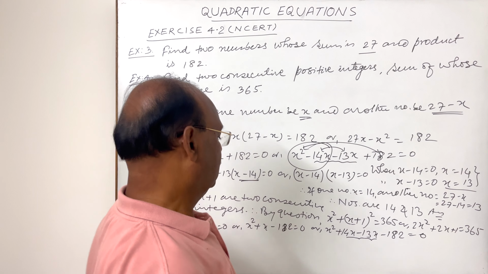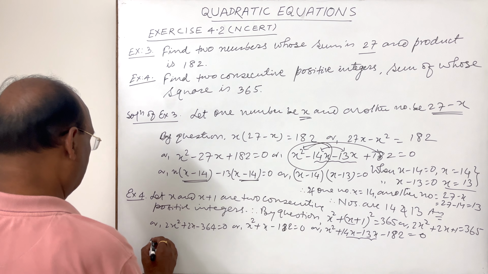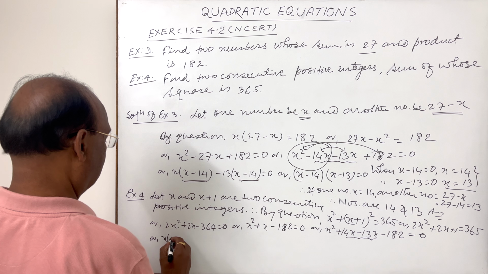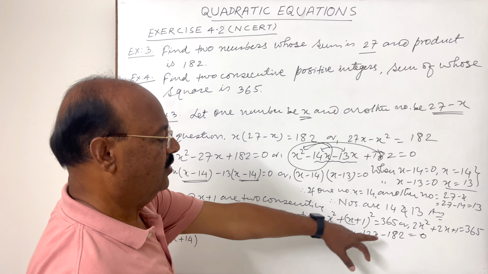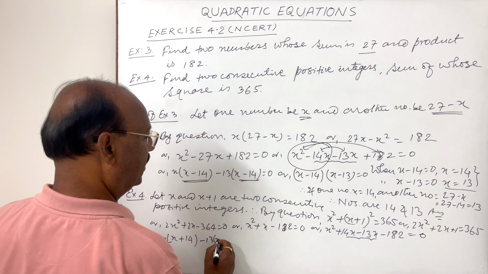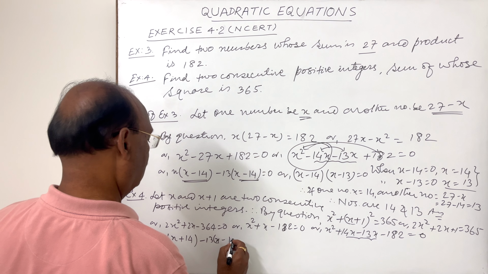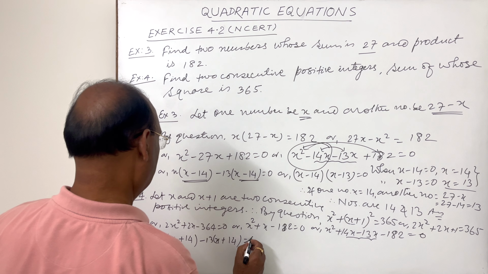Correct? So now we can take x common from the first two terms. We will write x common, x plus 14, and minus 13 will be common from the last two terms, minus 13 times x plus 14 is equal to 0.